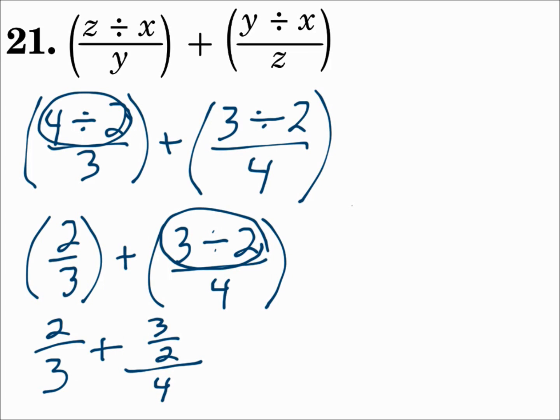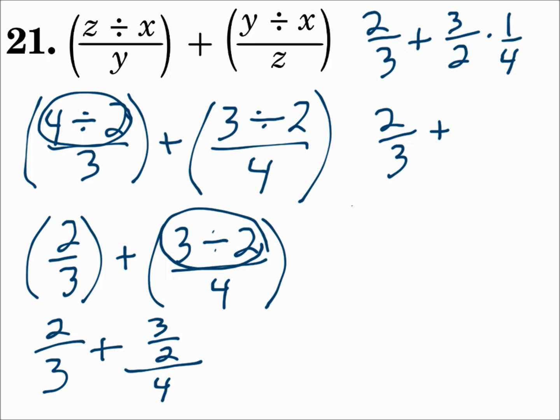Since I have 3/2 divided by 4, let's switch to multiplication and we'll flip the 4. That gives you 3/2 times 1/4. Add or multiply? Multiply. That becomes 3/8.